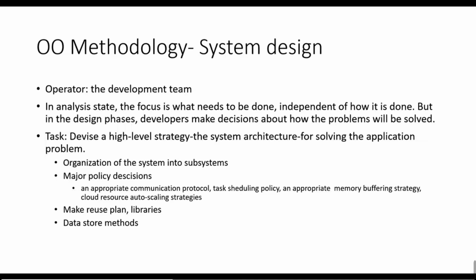And we also need to decide how to store the data. For example, you store the data in an XML file or in a relational database or some other distributed file systems and so on.